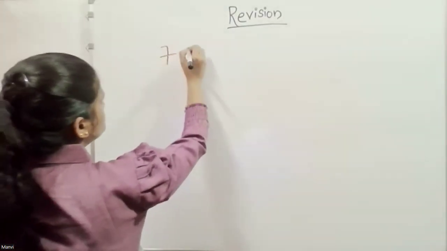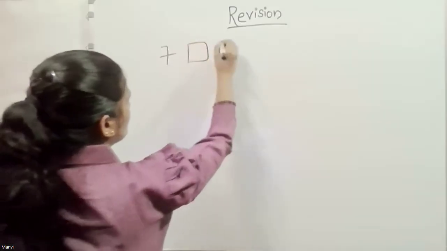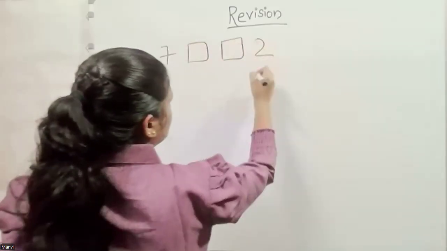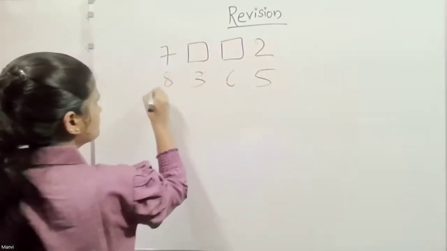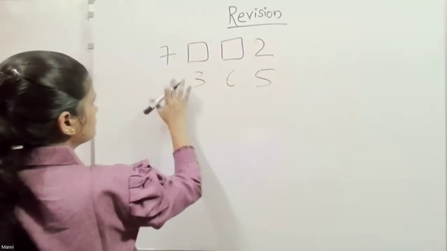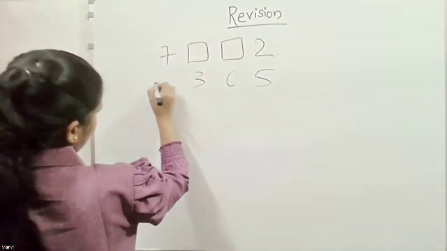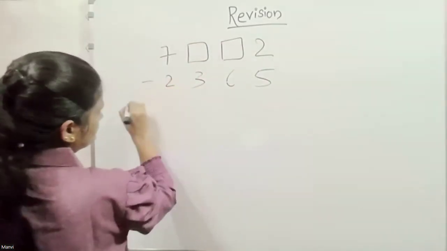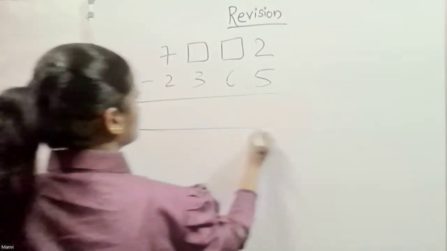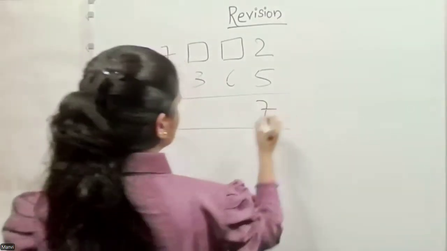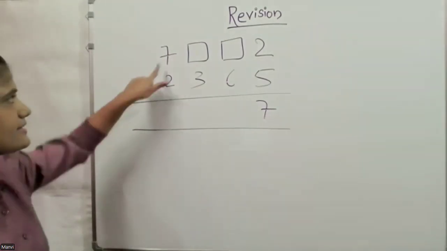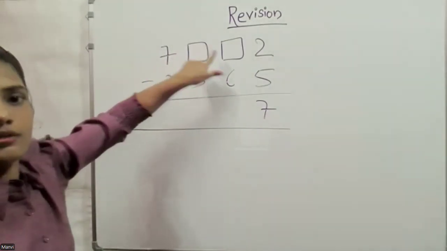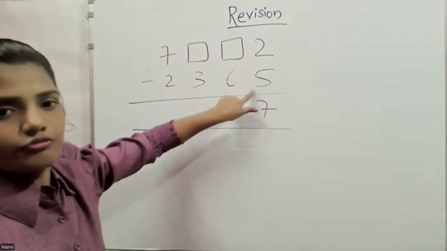Okay, now a different question. What is that box? What number is that? This is 7. Box 2, 5.